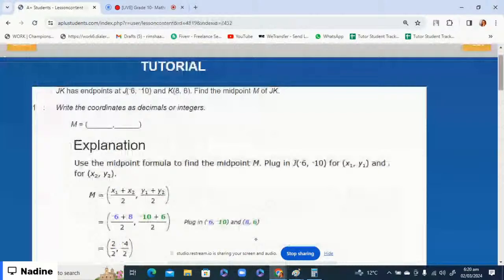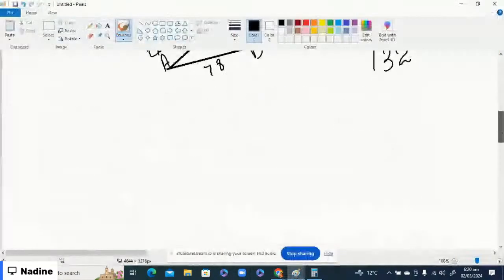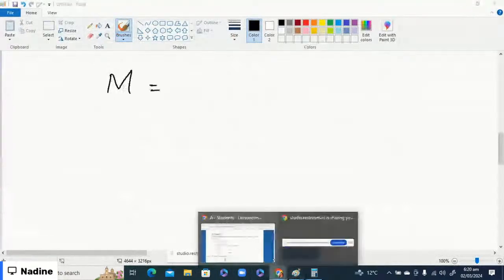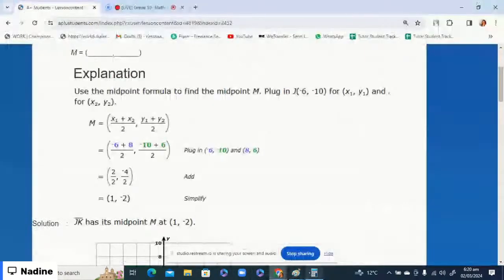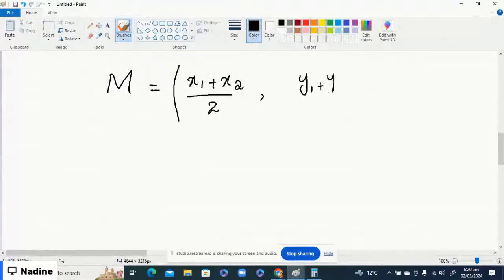Now what is the midpoint formula? First of all, we're going to write it and then we are going to find the midpoints. Okay. First I'm going to write the formula for the midpoint here. So your midpoint formula is related with M and it becomes this way: x1 plus x2, then y1 plus y2 over 2.